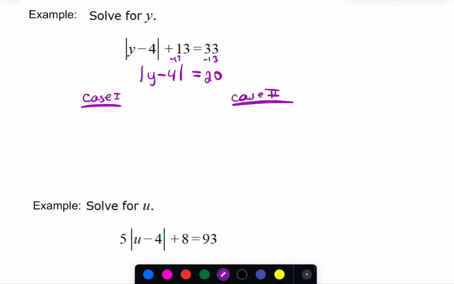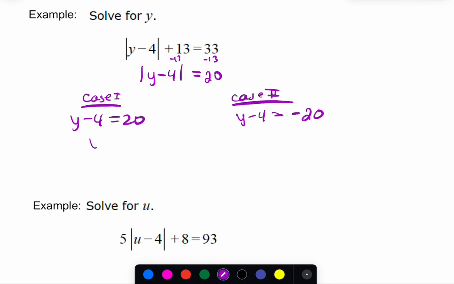Case 1, remember, is where you just drop off the absolute values and solve. Case 2, you're going to set the absolute value equal to the opposite of the numerical value, because the absolute value of 20 is 20. The absolute value of negative 20 will also give us a value of 20. And then you just solve each one.